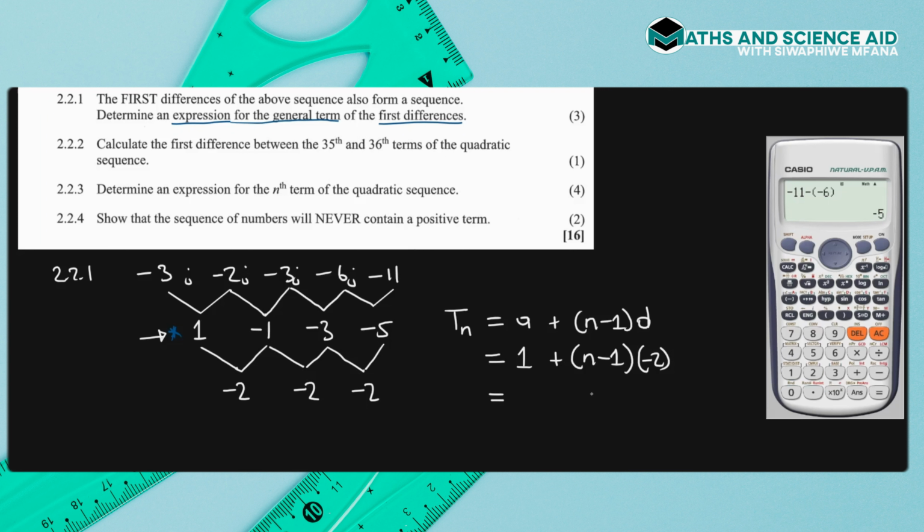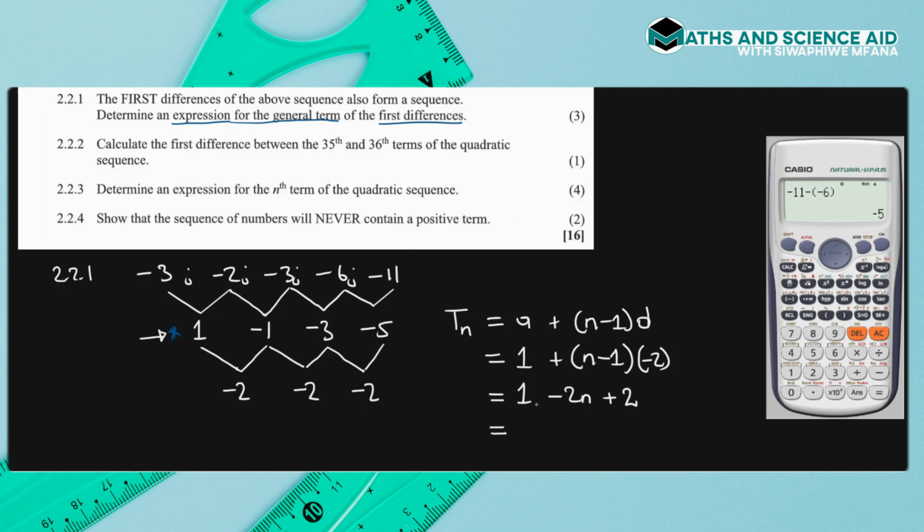And now we can just simplify the equation. So -2 into n will give us -2n, and then -2 into -1 will just give us +2. And we can add up the like terms formed here.